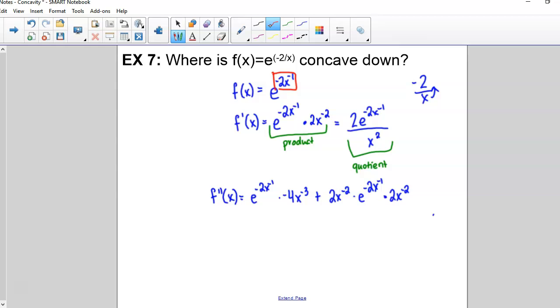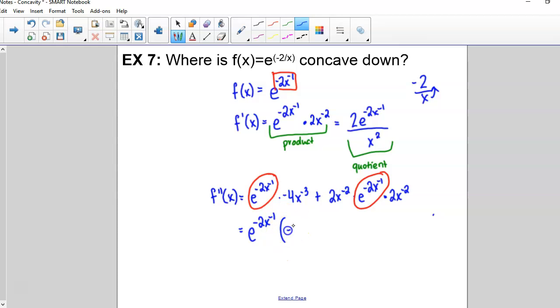Alright, questions so far? Notice we have e to the negative 2x to the negative 1 with both of these. So let's factor that out front: e to the negative 2x to the negative 1.